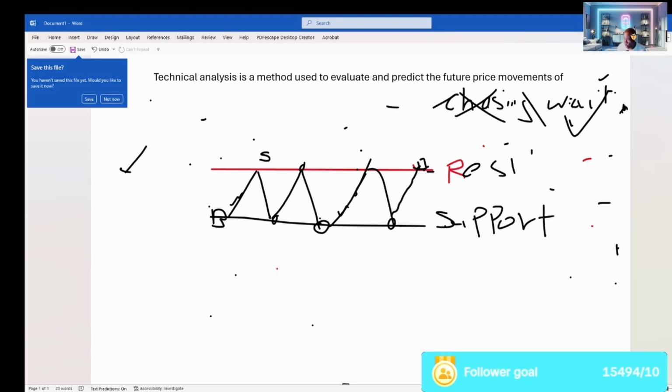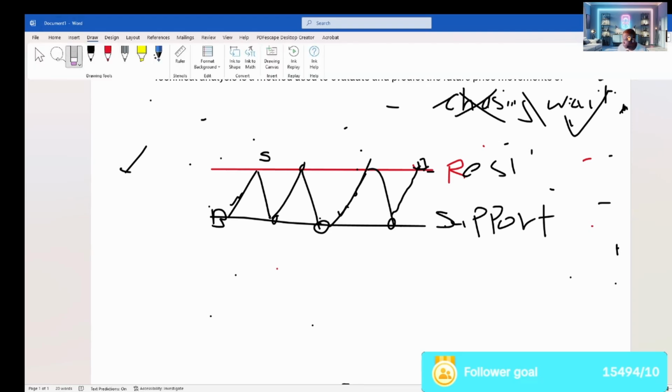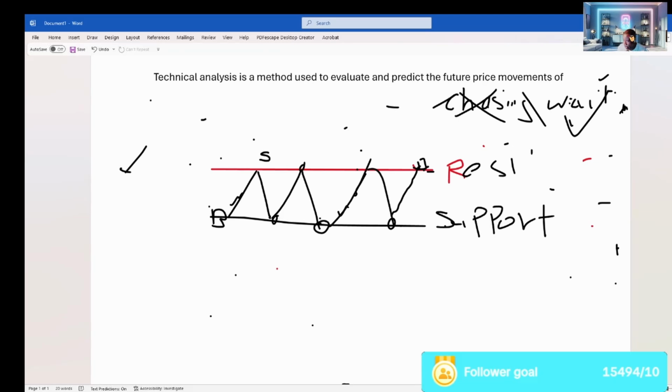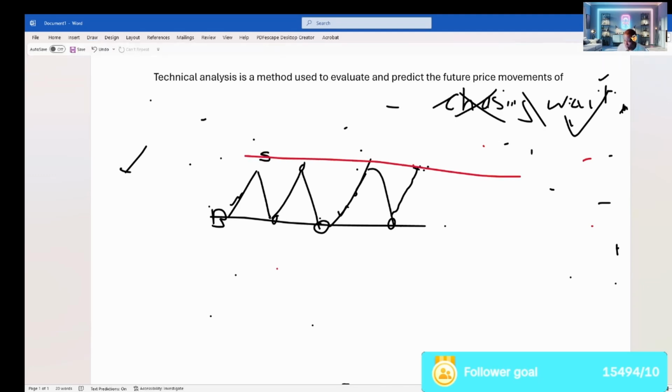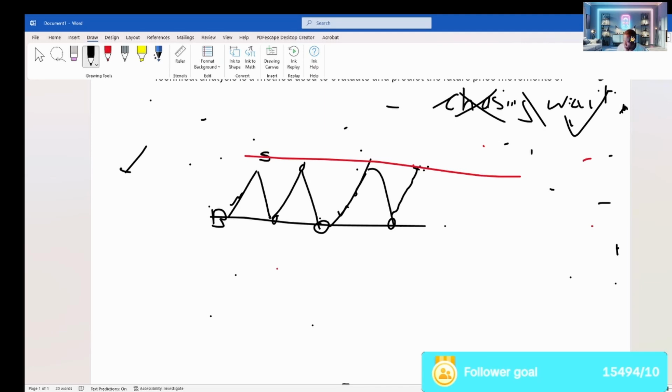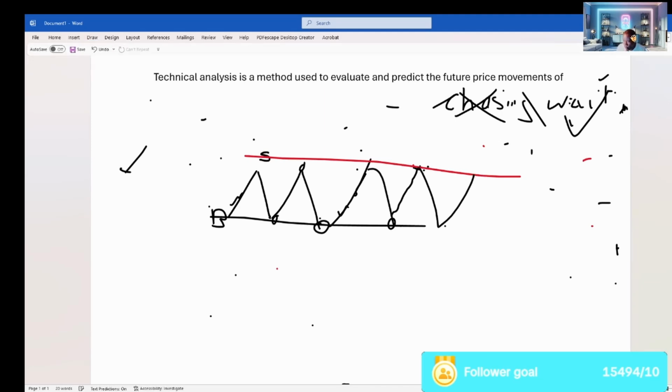So what we've been telling you, if for any reason it breaks, let me do something for you. If for any reason the price breaks that support, don't just jump on it.